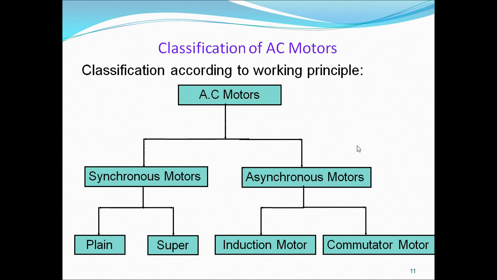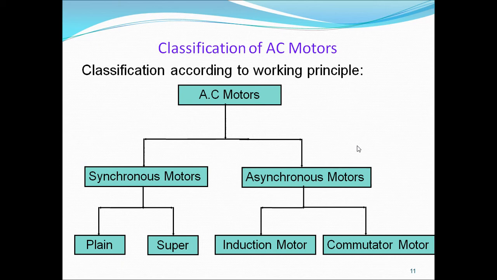So, what is a synchronous motor? A synchronous motor is a constant speed motor and can be operated under a wide range of power factors. What is the range of power factors? We have only two types: lagging power factor and leading power factor. What is an asynchronous motor?